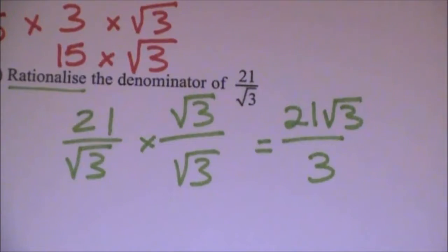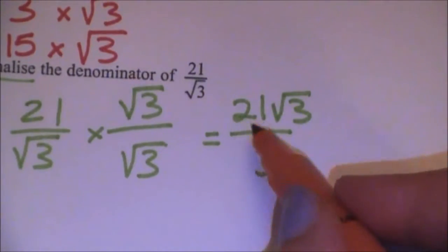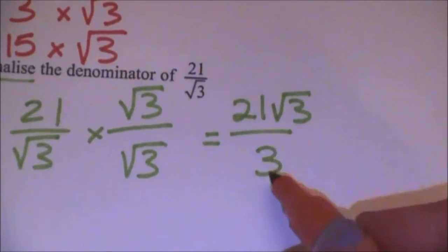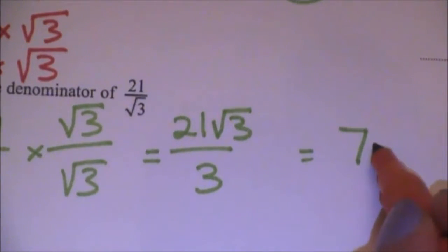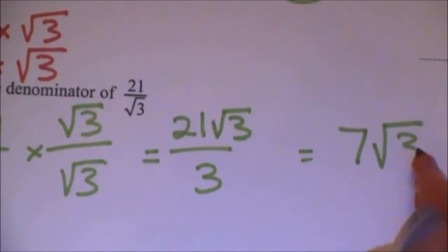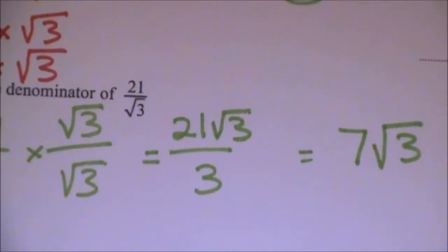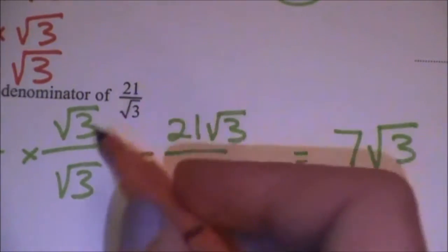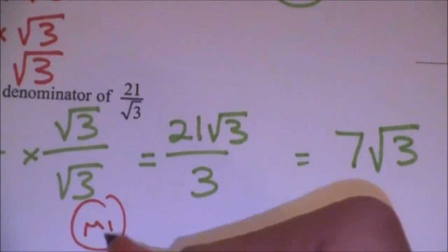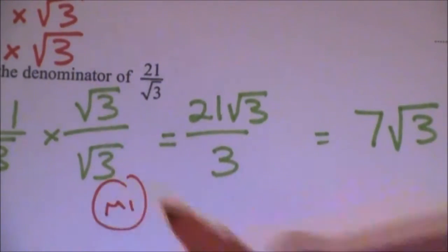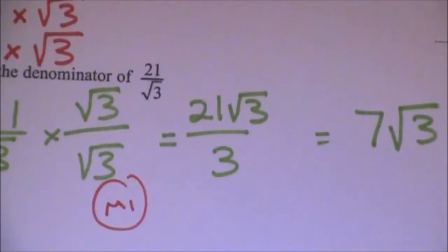And at that point, I can realise that 21 is divisible by 3, and that would leave me with 7 root 3. Now, according to the mark scheme, you can get a method mark for showing that you know rationalising the denominator means to multiply by root 3.